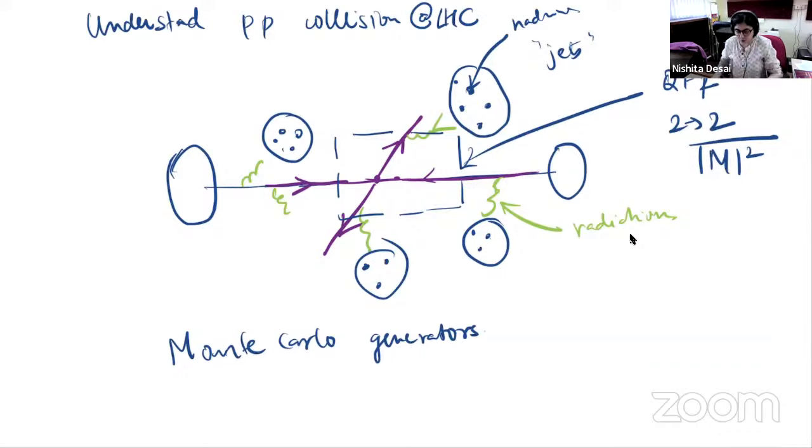So next week, what I plan to do is give you a review of the Standard Model. So we will be talking about the electroweak sector first. So that I think will take a couple of days. Then we will go on to talk about some Monte Carlo techniques, and we will write our own toy Monte Carlo generator.